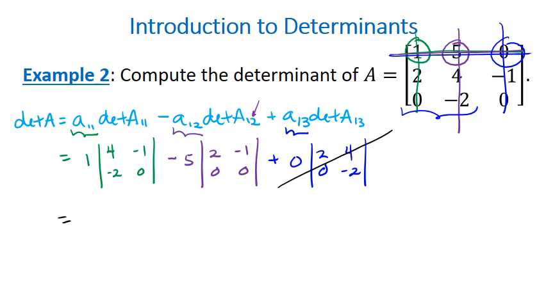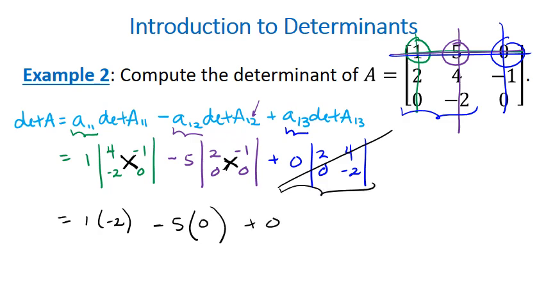So 1 times, well here, this gives me 0 minus 2, so 1 times a negative 2, minus 5 times, well this is 0 minus 0, which is 0, and we already established that that was 0. So those cancel out, and I am left with a determinant of negative 2.